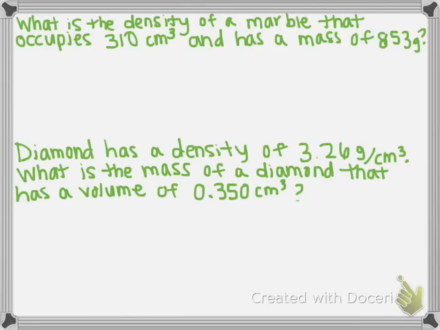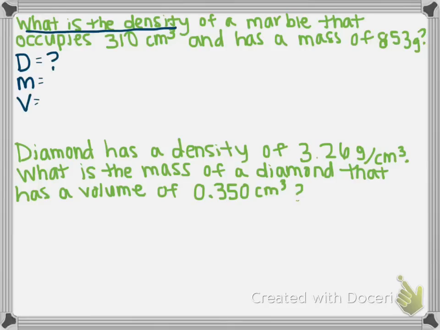Okay, so let's look at a couple practice questions. What is the density of a marble that occupies 310 centimeters cubed and has a mass of 853 grams? The three values that I need are density, mass, and volume. It says, what is the density?